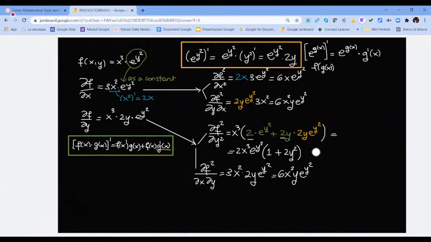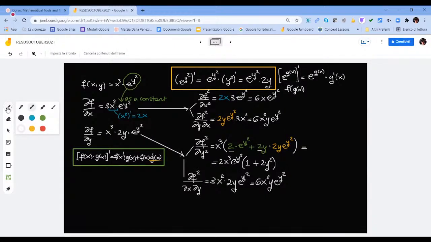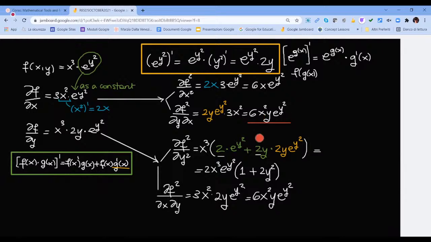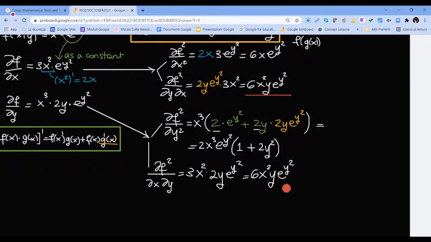As you can notice, we have the same expression by exchanging the order of the mixed partial derivatives. That means these two terms are the same.